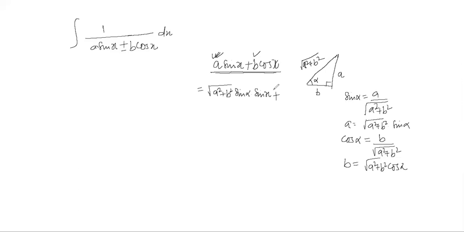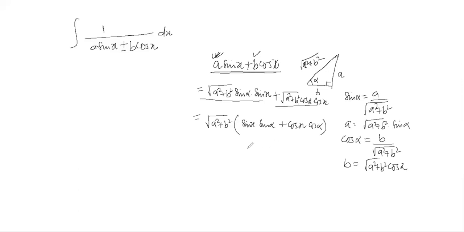So in place of b, I write root under a square plus b square into cos alpha into cos x. Taking common root under a square plus b square from both terms, the remaining terms are sine x into sine alpha plus cos x into cos alpha.